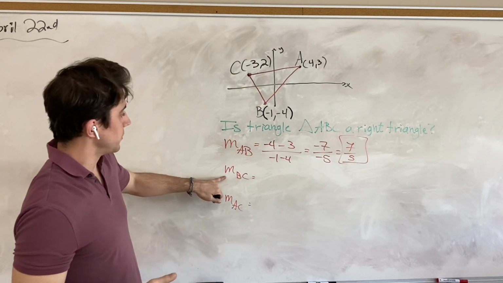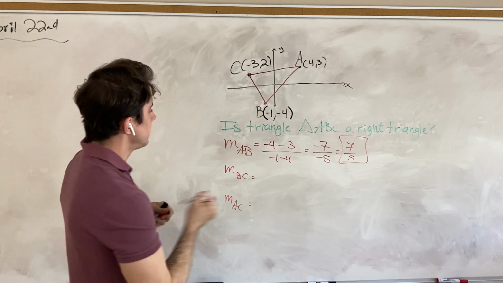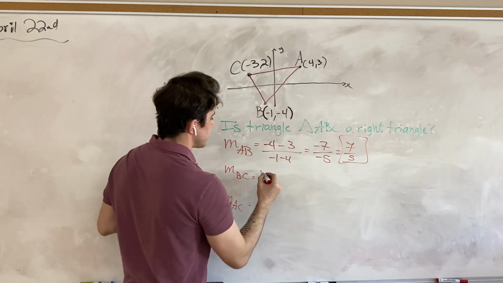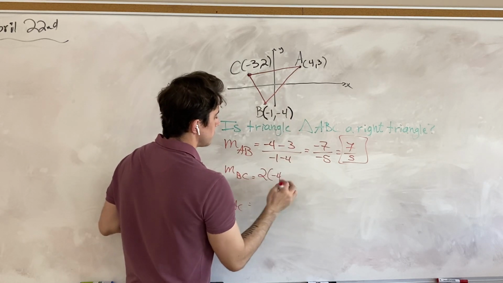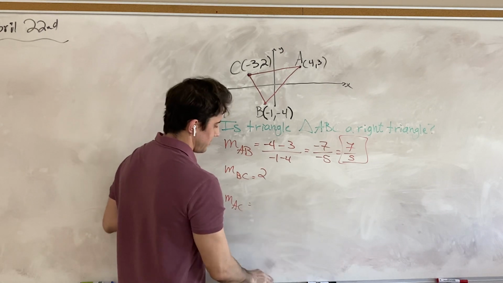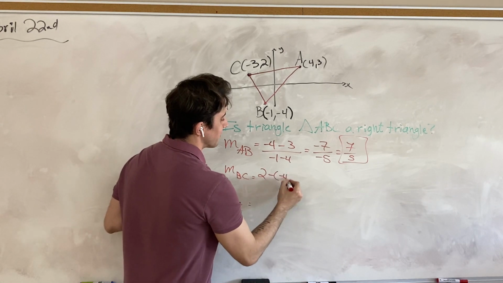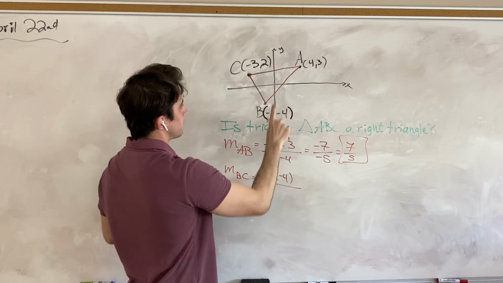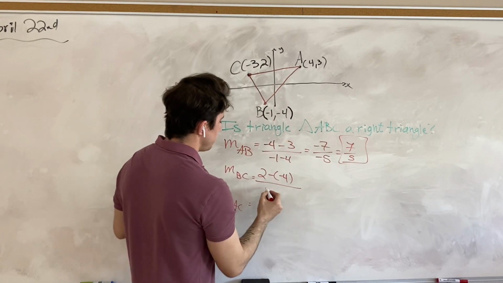So let's go ahead and compute the slope of the line from B to C. So again, change in Y, we'll do 2 minus -4, right? And over -3 minus -1.